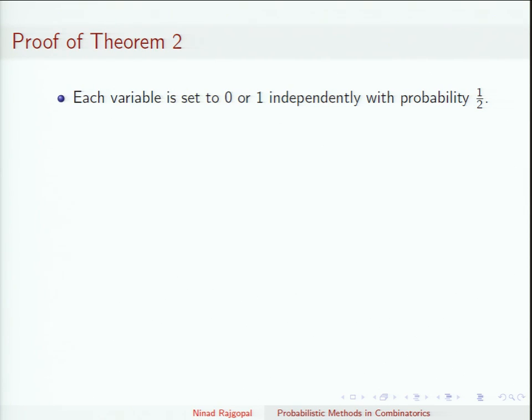So as I said, each variable is set to 0 or 1 independently, with probability half. So we'll use a random variable for every clause in the formula, right?